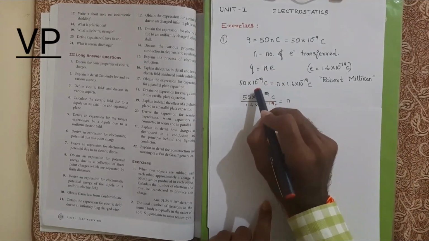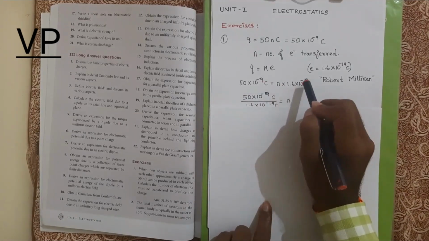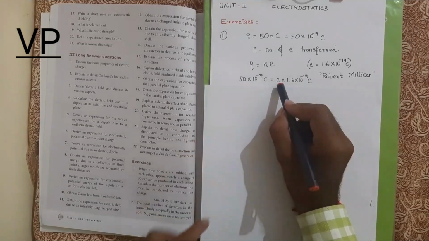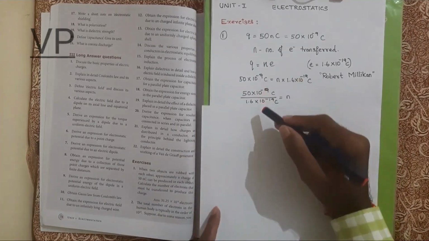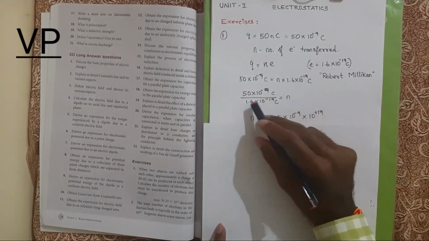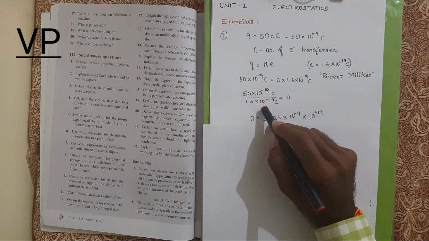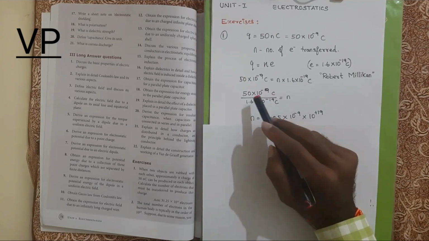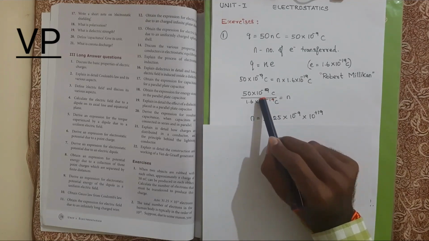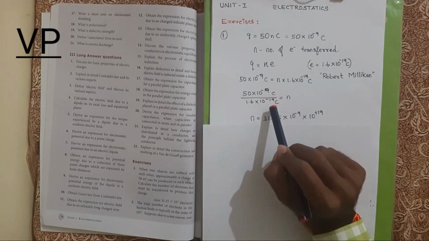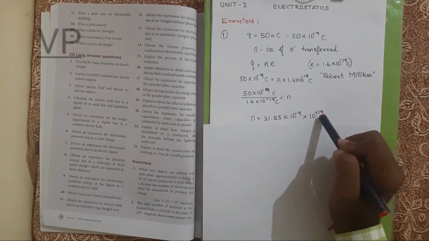So we start solving this equation with the value of Q and e. 50 into 10 to the power minus 9 coulomb is equal to N into 1.6 into 10 to the power minus 19 coulomb. To find N, we bring 1.6 into 10 to the power minus 19 coulomb to the denominator. So N is equal to 50 into 10 to the power minus 9 coulomb divided by 1.6 into 10 to the power minus 19 coulomb. 50 divided by 1.6 is 31.25 and we are left with 10 to the power minus 9, and when 10 to the power minus 19 comes to the numerator, it gets converted to 10 to the power plus 19.